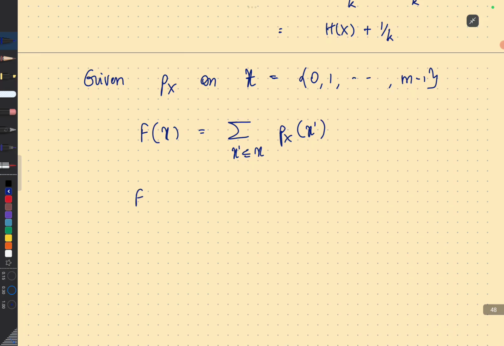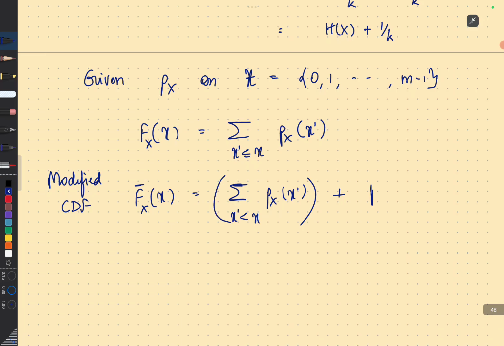But I'll also define the modified CDF, which I'll call f bar of x, which is equal to summation x prime less than x of px of x prime plus px of x divided by 2.